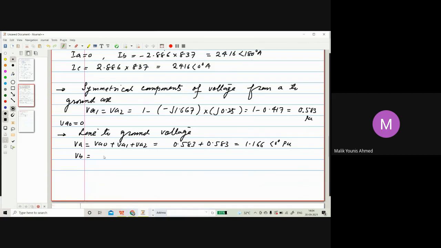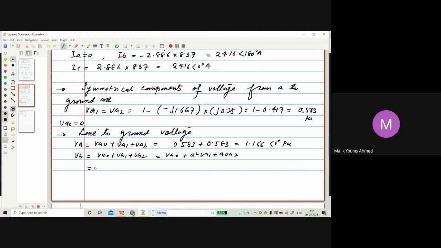VB is VB0 plus VB1 plus VB2. That will be VA0 plus A square VA1 plus A VA2. Now you substitute these values.